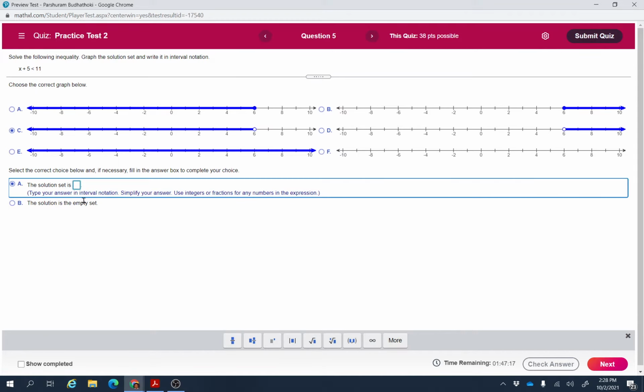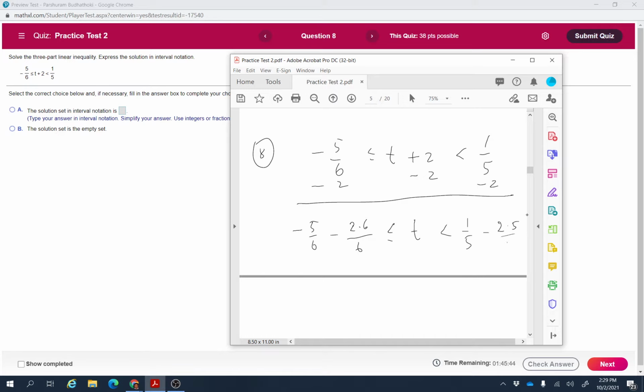If you try to subtract it, it's negative 5 over 6, negative 2 times 6 over 6. We are making the same denominator here to subtract two rational numbers. In the middle it would be t, and on the right this is 1/5 minus 2 times 5 over 5. I'm making the same denominator, so I multiply the top and bottom by 5.